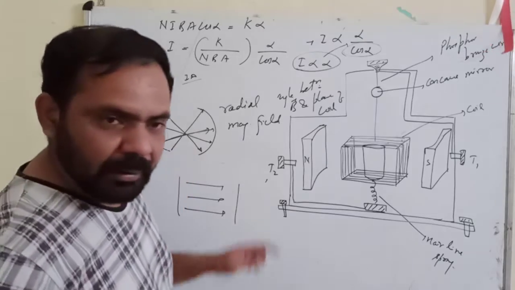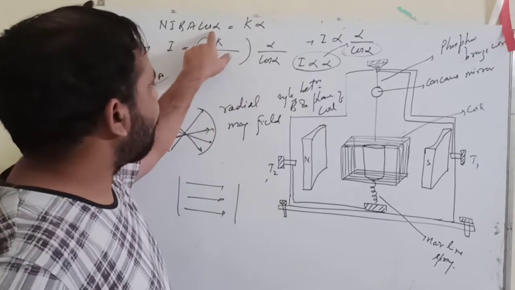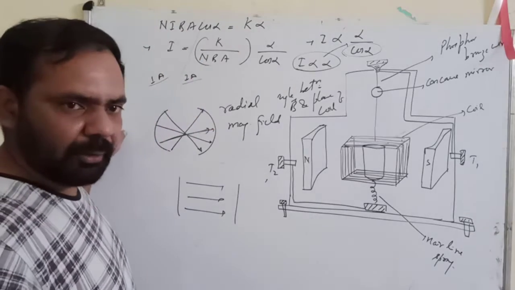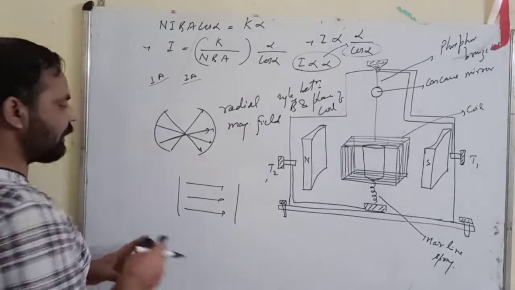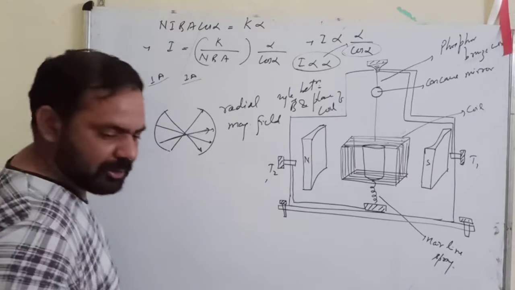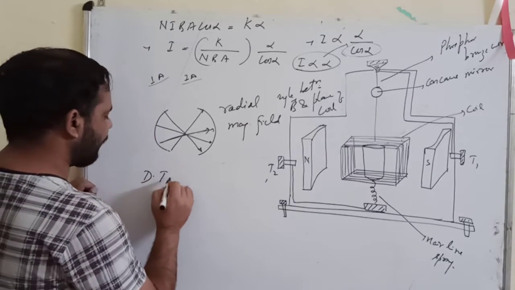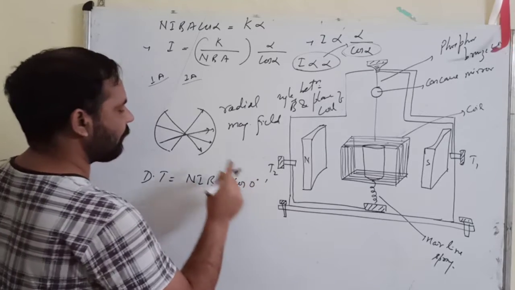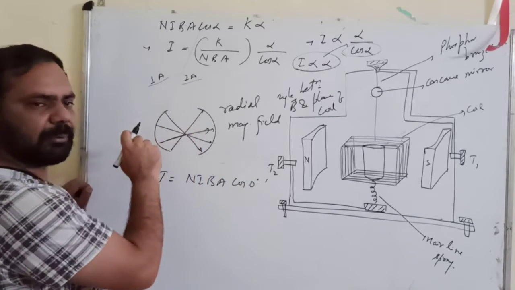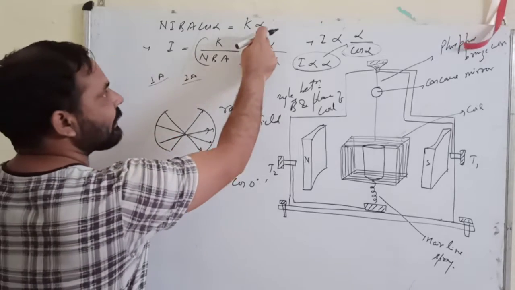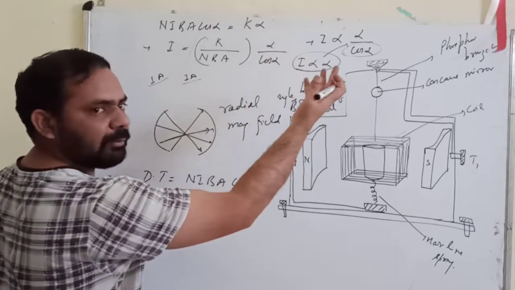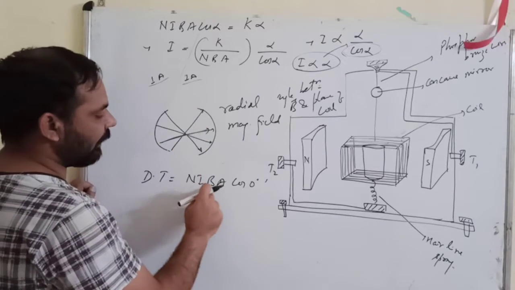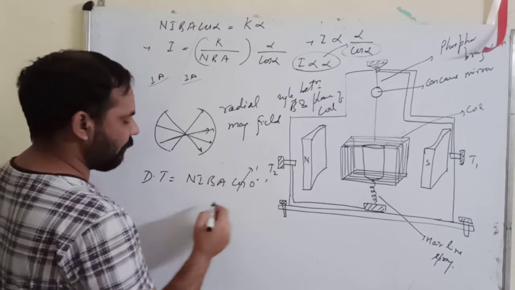So in this case the value of this alpha in the deflecting torque formula changes. Instead of NIBA cos alpha, the deflecting torque becomes NIBA cos 0, because this alpha becomes 0 here. This alpha, not this alpha. This is the amount of twist in the wire, and that will remain there. So in deflecting torque you get NIBA cos 0, and cos 0 is 1, so you get NIBA.